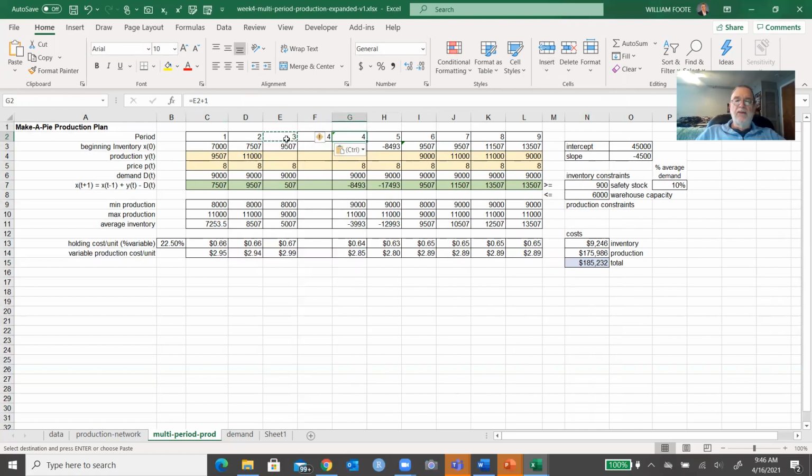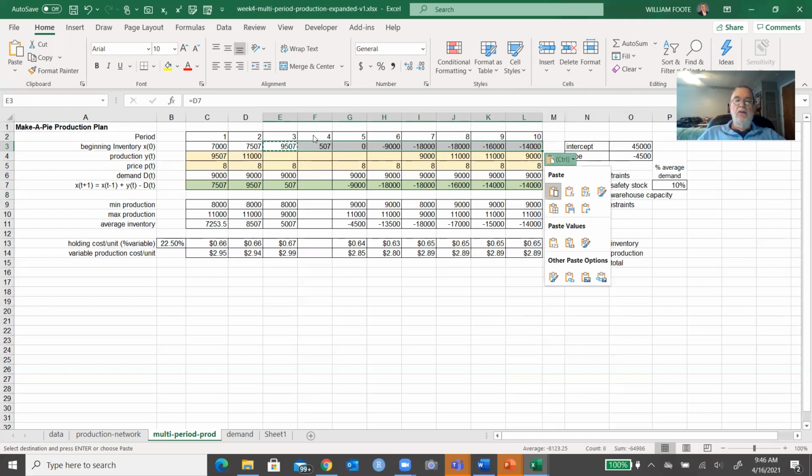G will refer back to E. Okay, so you just have to copy this all the way down. Now I have 10. Okay, beginning inventory. Do the same. Copy it all the way down. And that will preserve the integrity of that part of the model.